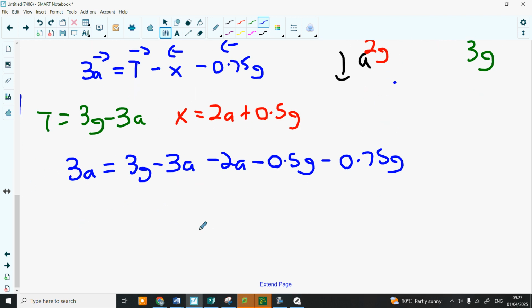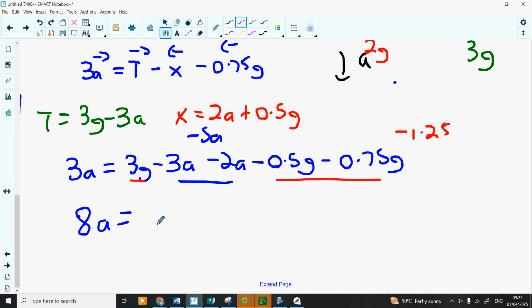Okay. Now, would you all agree that's 5a, minus 5a? Sling it to the right, 8a. And then we have a 3g, take away 1.25g. Everybody happy with 1.75g?